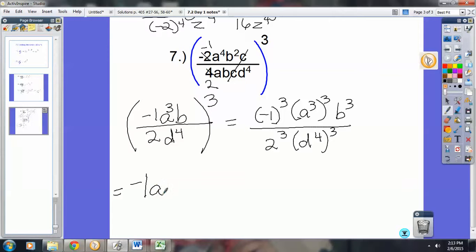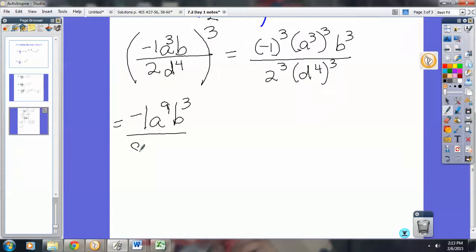A cubed is A to the 9th, all divided by 2 to the 3rd, or 8. D to the 12th. And of course, you could also write this as negative A to the 9th, D to the 3rd, all divided by 8.